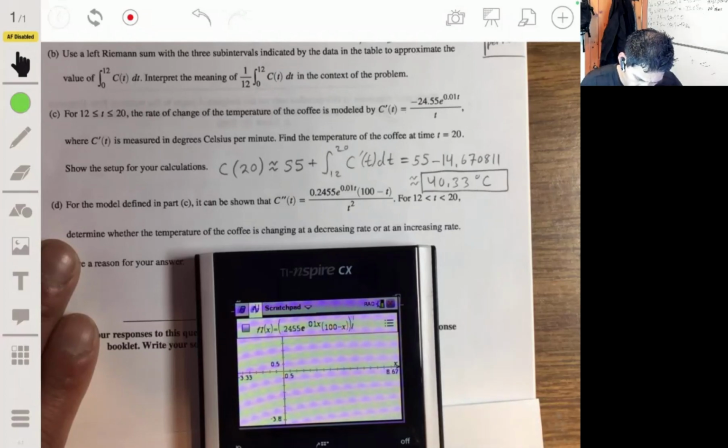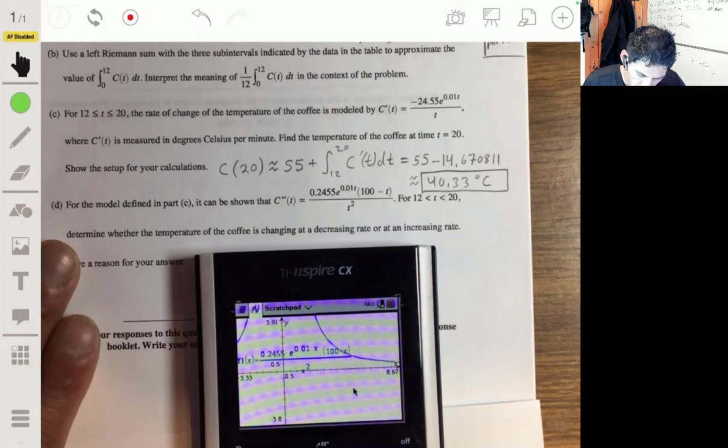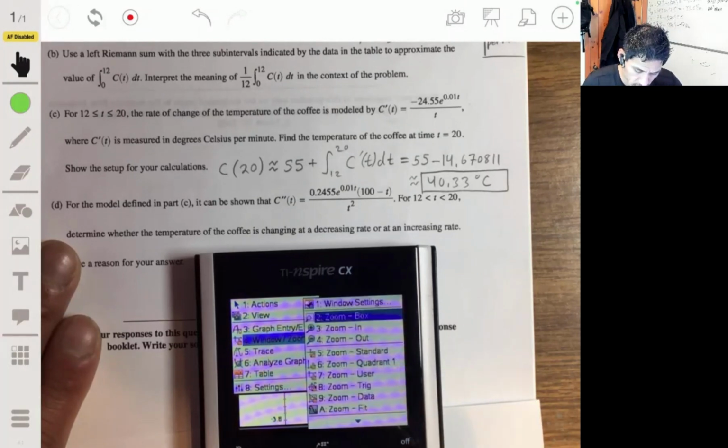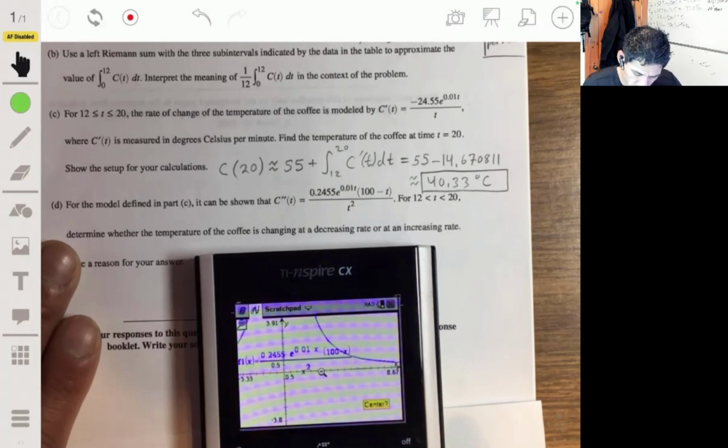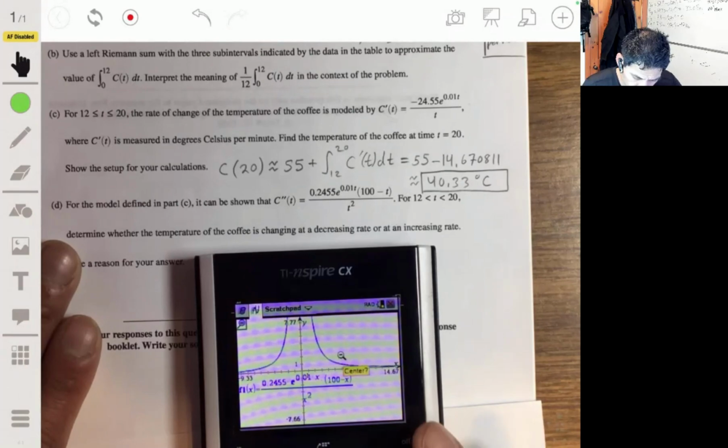This whole thing will be divided by x squared. Here we go. Look at that thing. Zoom out of this. Zoom out. Center. Okay, so it's doing some like hyperbola action.